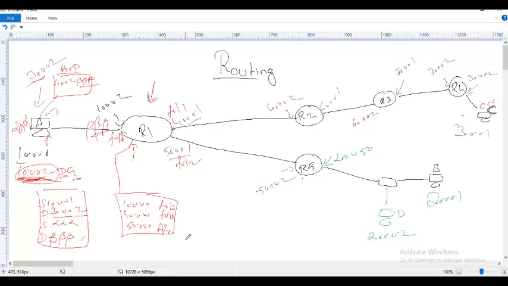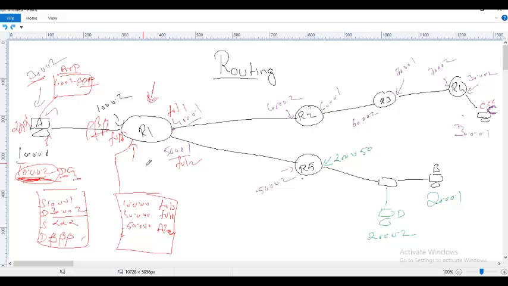There is no information about the destination where the packet wants to go. There is no information about the 30 network. But the packet wants to go to 30 network.